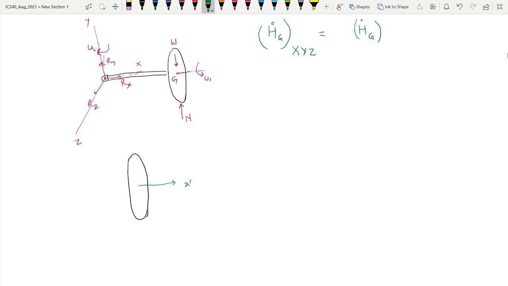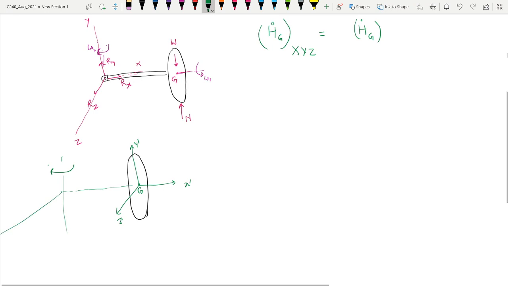So this is x prime, y prime and z prime. This coordinate system x prime, y prime, z prime is attached to the center of mass of the disk G, and this whole system is precessing about this capital Y axis with an angular velocity of omega 2, right?